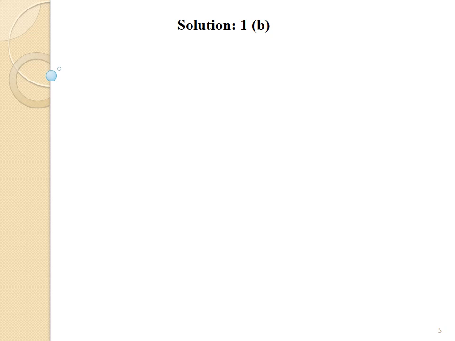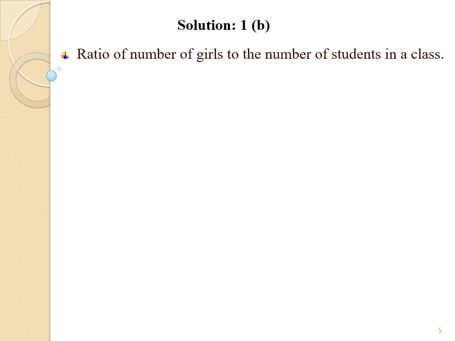Now, sum B, ratio of the number of girls to the number of students in a class equals number of girls by number of students in a class equals 20 by 35. Students, now we have to reduce 20 by 35 by their HCF.